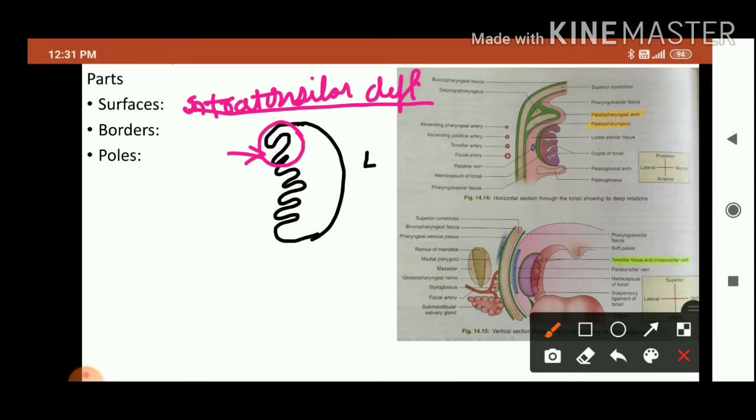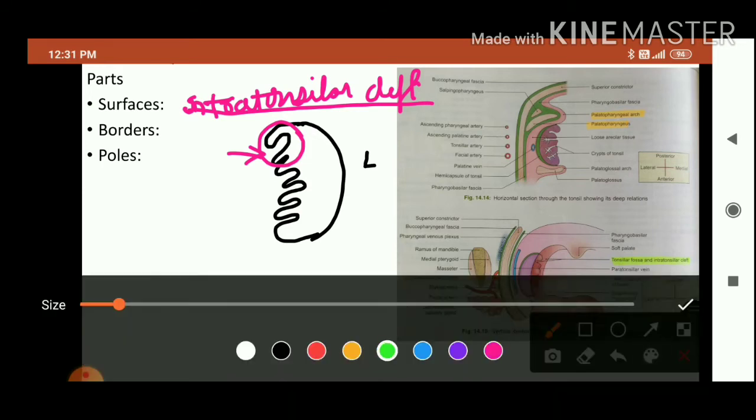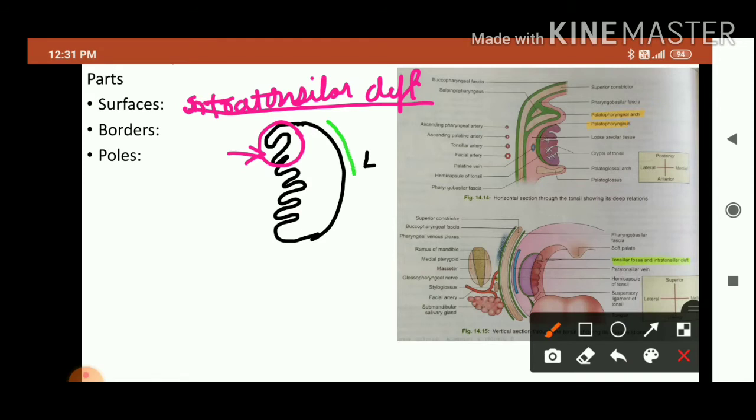These are the characteristics of the lateral and the medial surface, or the fissures of lateral and the medial surface. What are they? Laterally we are having the continuation of pharyngobasilar fascia, which is actually the hemicapsule. On the medial side we are having clefts.